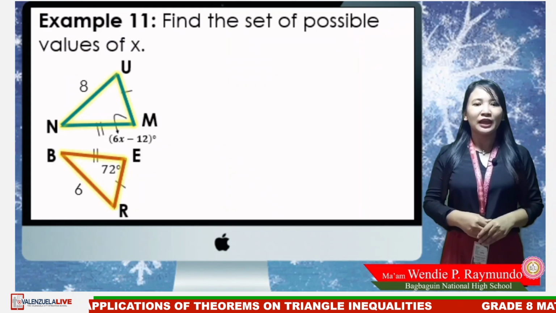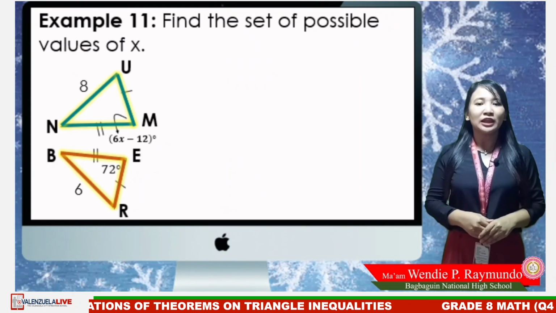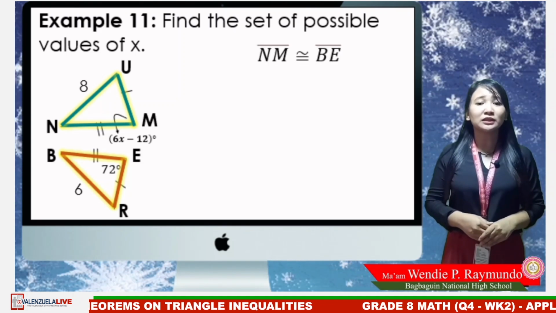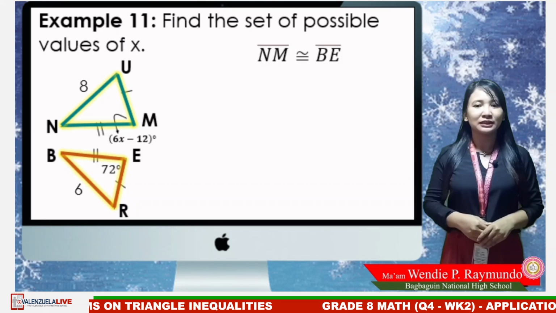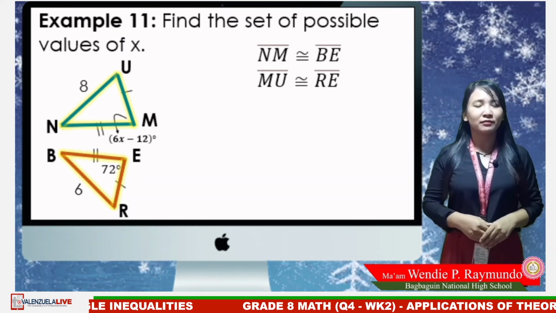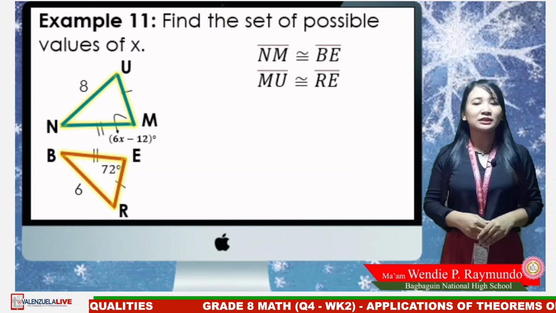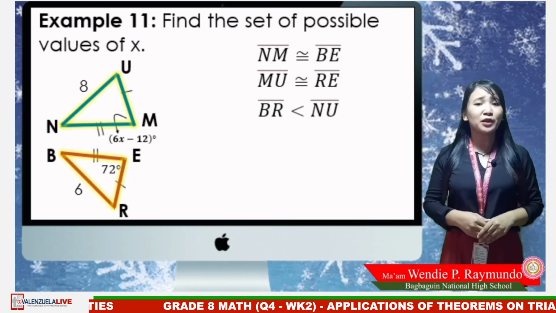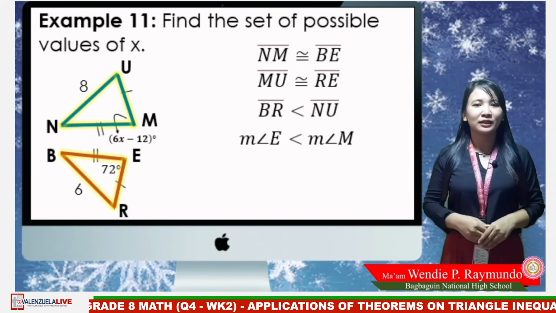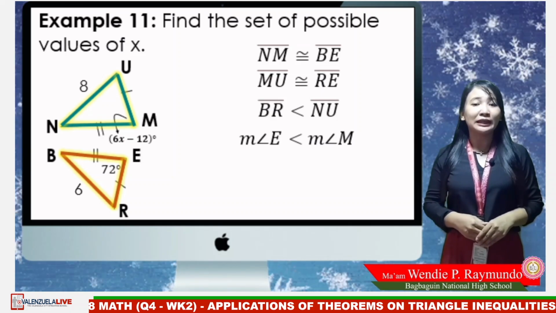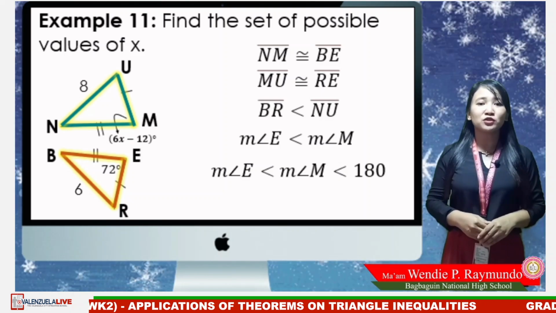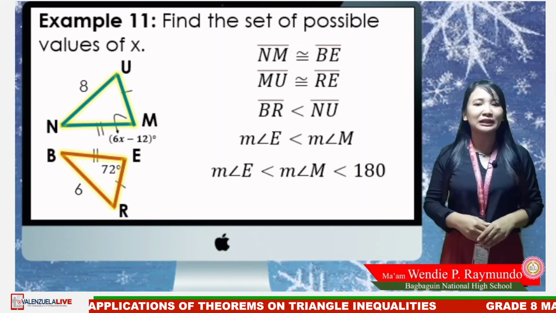In triangle NOM and triangle BER, the side NM is congruent to the side BE, and the side MU is congruent to the side RE. Since BR is less than MU, then the measure of angle E is less than the measure of angle M. Using a compound inequality, we have the measure of angle M is greater than the measure of angle E but less than 180.